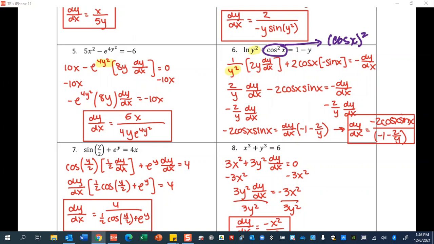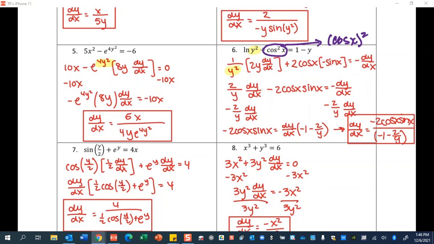On the worksheet, it says 4y squared, and then on your projector screen it says 8y.